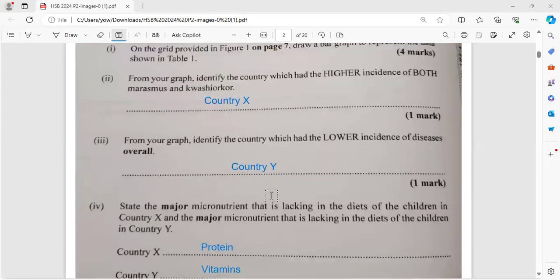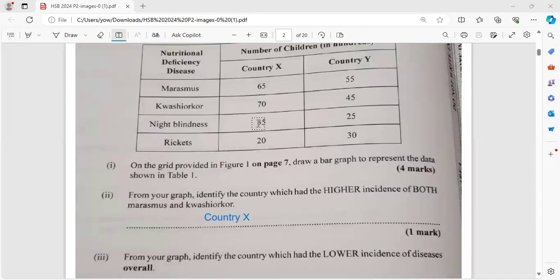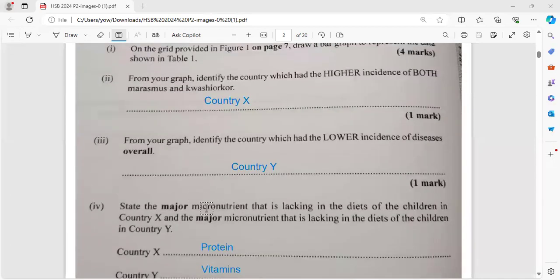State the major micronutrient that is lacking in the diets of the children in country X and the major micronutrient lacking in country Y. Right, so we can see country X has more, because it says micro, so I actually misread that.